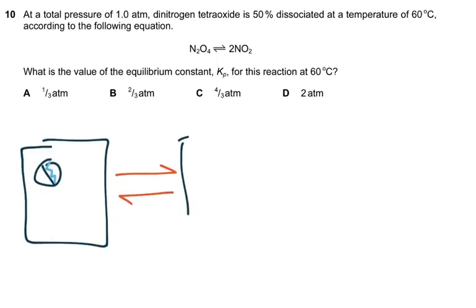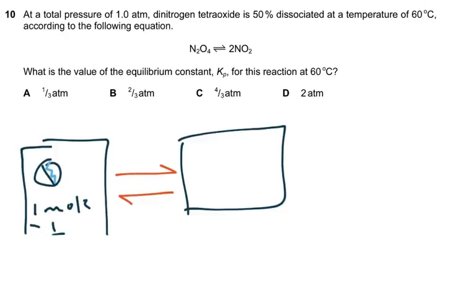So before it reaches equilibrium, we have nothing told to us about the amounts of N2O4. We're just told that we have dinitrogen tetroxide and 50% dissociated. Now, this is 1 mole of N2O4 initially. You have 0 moles of NO2. 1 mole, half of it splits. So half a mole splits.